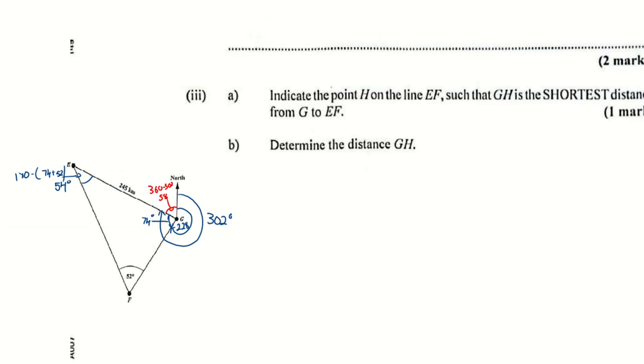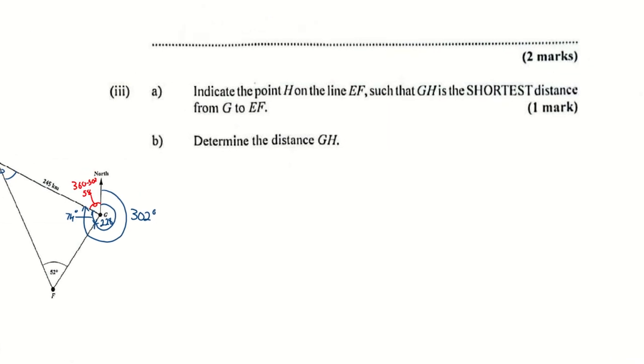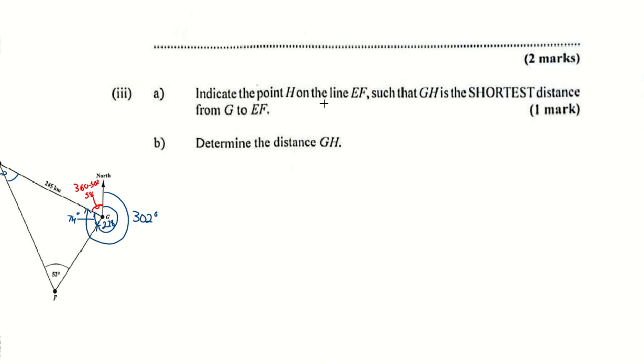Right, this question says indicate the point F on line EFG such that GH is the shortest distance from G to EF. So they are basically saying indicate that point H is on EF, this line here, such that GH, so it's going from G to H, is the shortest distance.